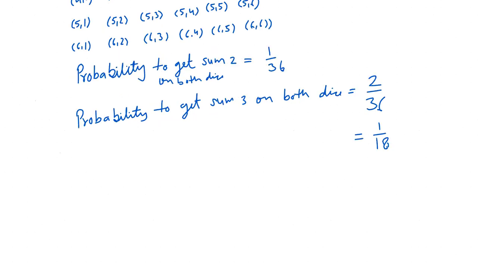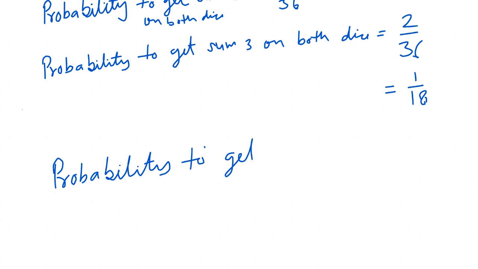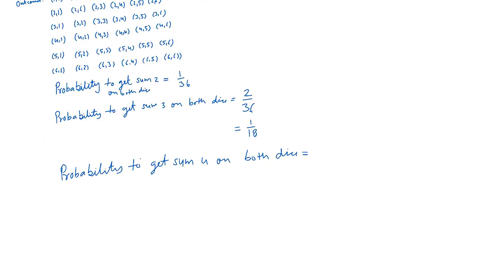Now we will find probability to get sum 4 on both dice. So let us see outcomes. How many favorable outcomes?